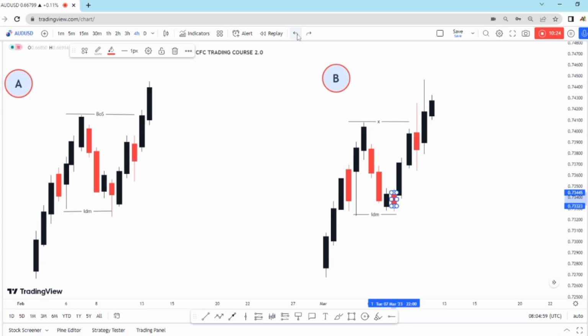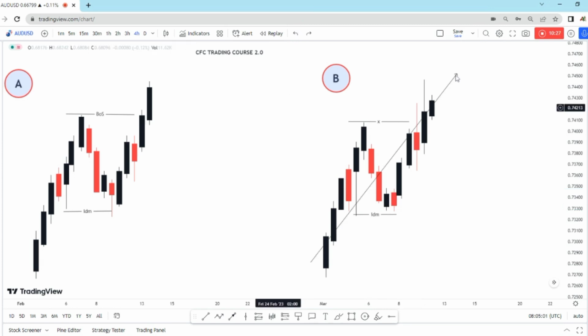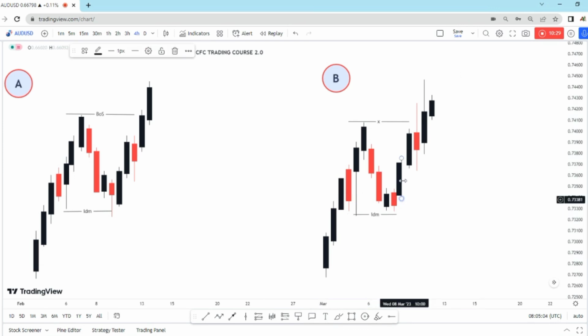But if price closes above the structure, then it will be our valid break of structure. All right, so take note that when it comes to an inducement, if price sweeps the inducement, then it is a valid inducement.